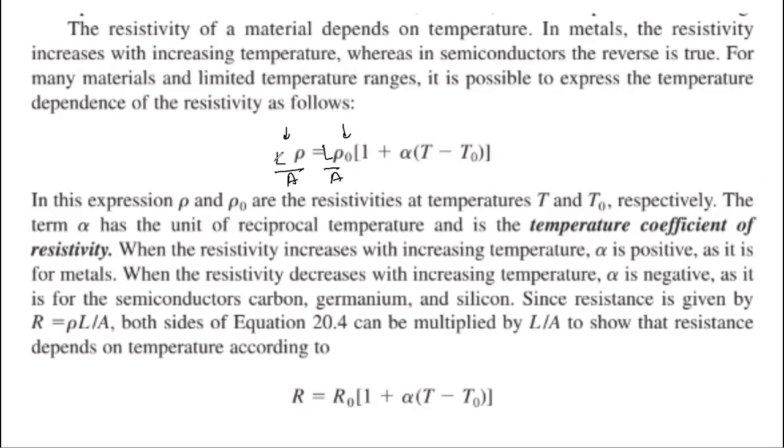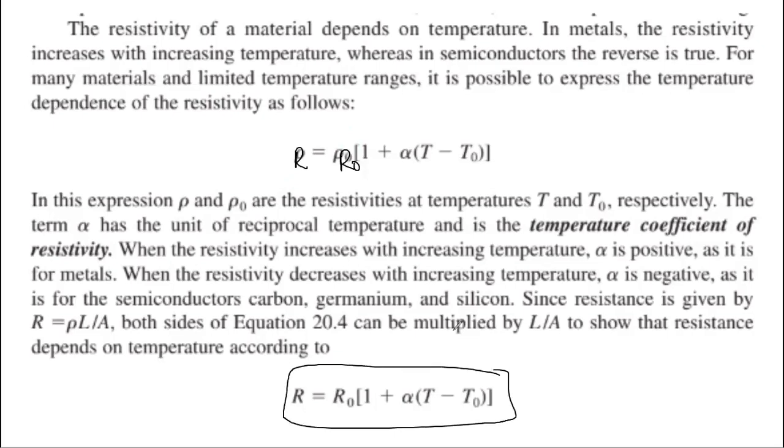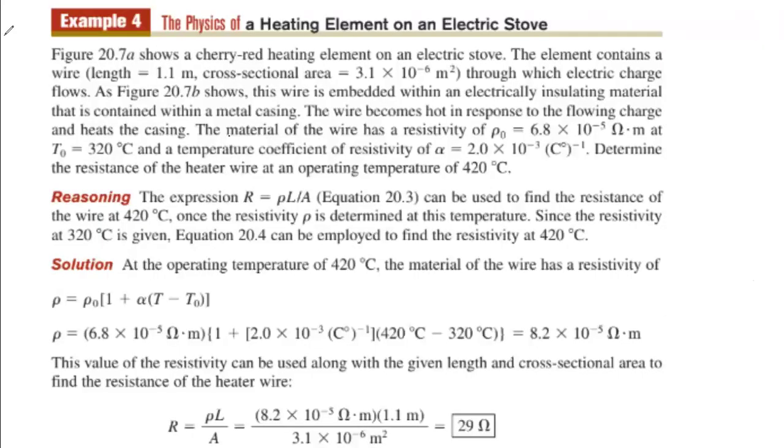So R is equal to rho L upon A, and because I just multiplied by L upon A, I can call this side R and that side R naught. So this is also true, which is written over here: R is equal to R naught times 1 plus alpha times T minus T naught. So you can see, accordingly, depending on the question, which formula you want to use.